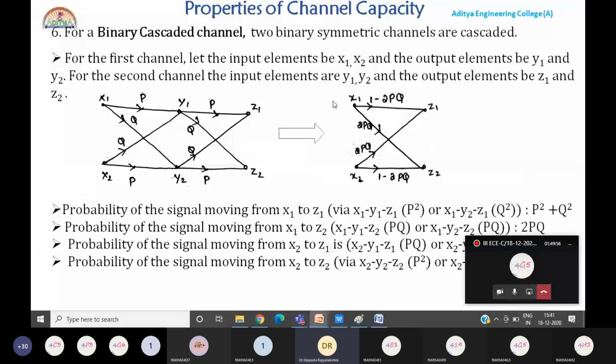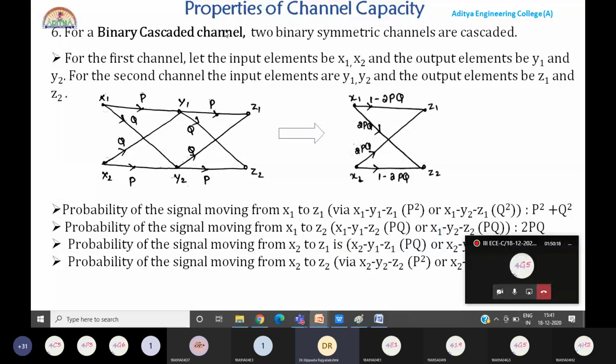Okay, now here you can see for a binary cascaded channel, two binary symmetric channels are cascaded. If you observe a cascade of two channels, first channel inputs are x1 x2 and outputs are y1 y2, and second channel inputs are y1 y2 and outputs are z1 z2.